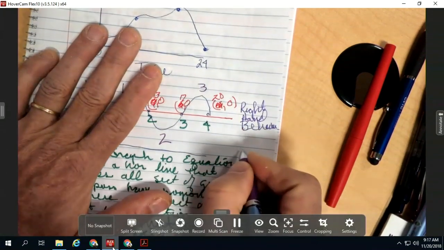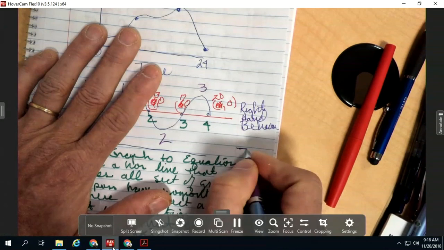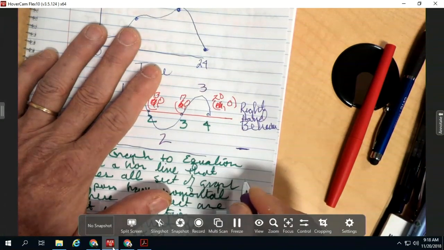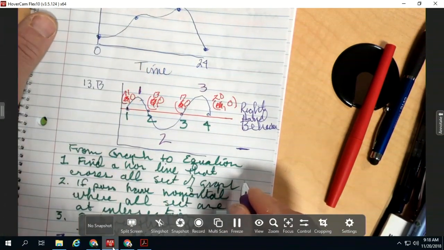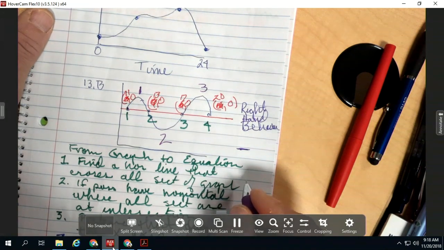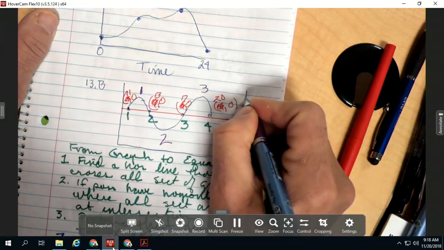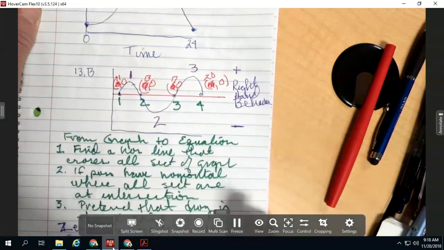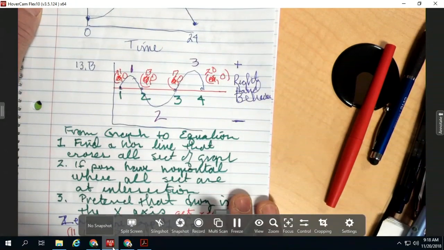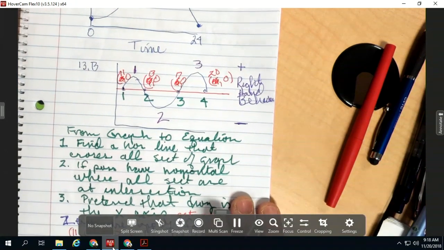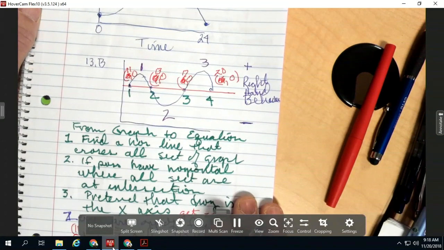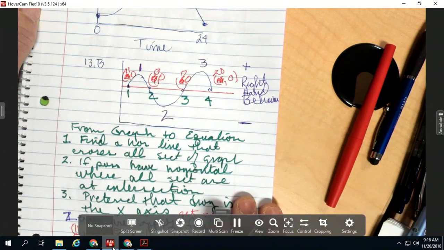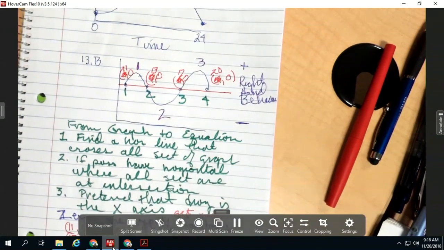The right hand behavior says, if you are ending going down, the leading coefficient is negative. If you are ending going up, the leading coefficient is positive. So do you see that Pierre's graph ends going down, correct?